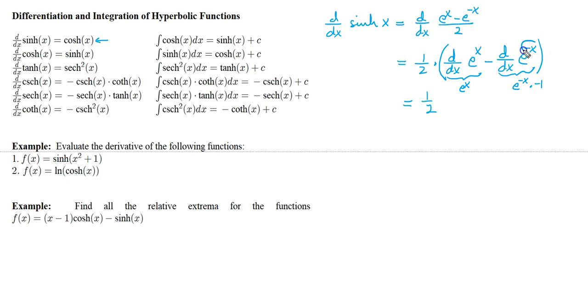We have to let u be negative x. So that's what we end up with. Of course, minus and negative becomes a positive, and we end up with the cosh.